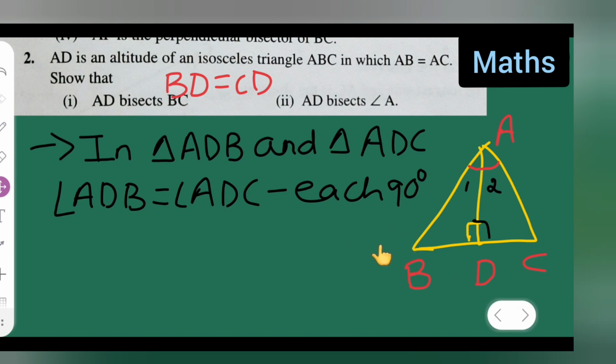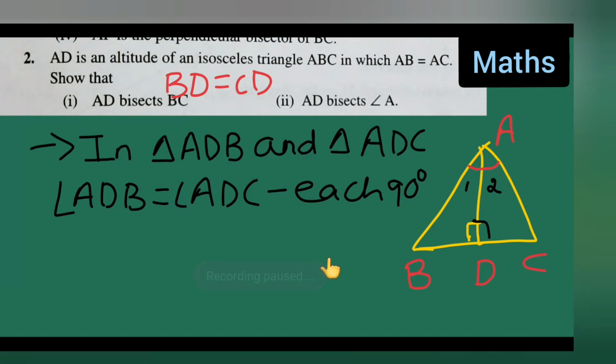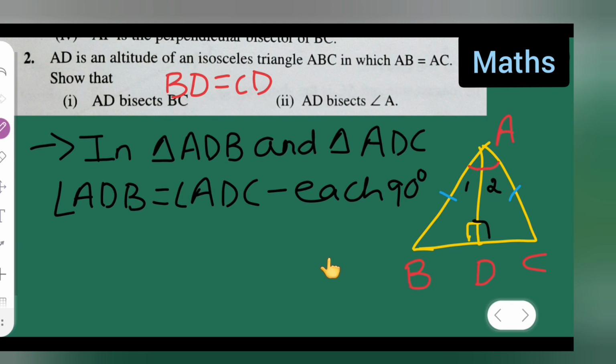Reason. Then in the question, AB is equal to AC. This side AB is equal to AC is given. Here, these two sides are given. So write down that AB is equal to AC, and what is the reason?